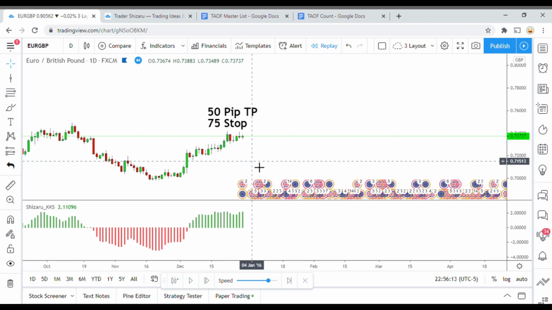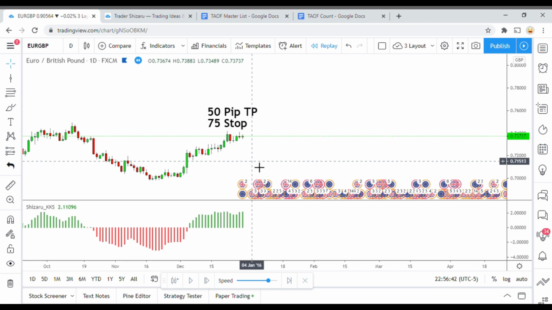But something interesting is that sometimes you will find a winning strategy when you are back testing. But then when you start forward testing, or when you, God forbid, just go straight live with it without forward testing at all, sometimes you'll find that all of a sudden the strategy is no longer profitable.